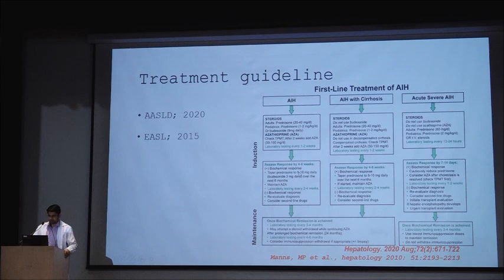Check for remission in the form of biochemical response at 4 to 8 weeks, then taper the steroids by 5 to 10 milligram daily, and maintain azathioprine up to 150 milligram.